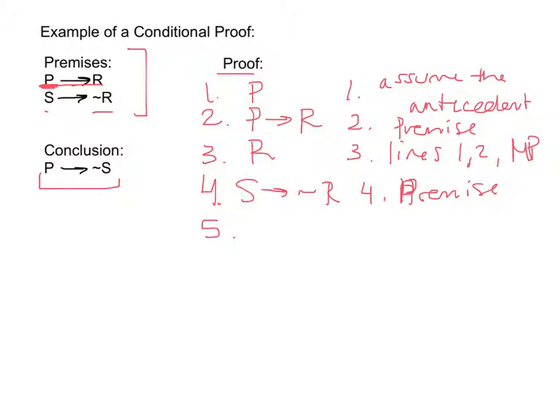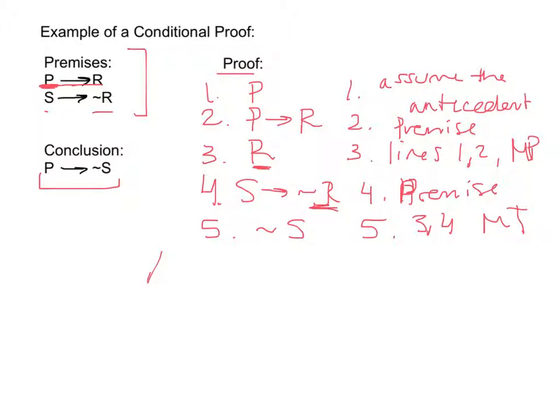And then we can conclude not S from lines 3 and 4 using MT, because we have R, so that's essentially a double negation of not R. MT normally says that if you have not R, then you have not S, but since we have R here, it's going to be that if we have R, then we have not S.